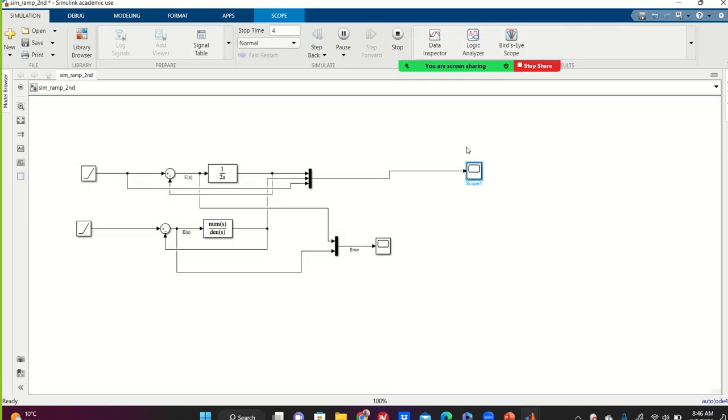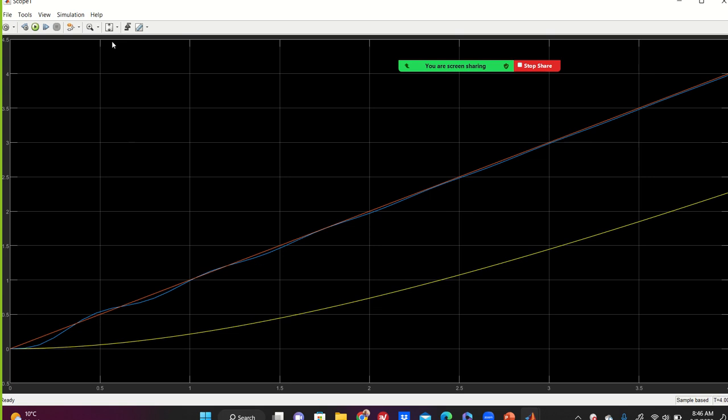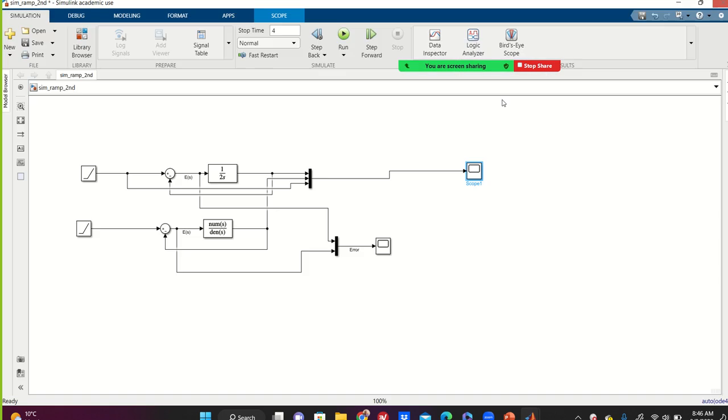that's the difference between them. Remember, again, we are putting in the open loop transfer function. Here we go, as you expected. Red line is the input, blue line is the underdamped second order system, and it settles down here. Let me tell you, it settles down almost at 3.5 seconds. And this is the first order system, where there's no oscillation.